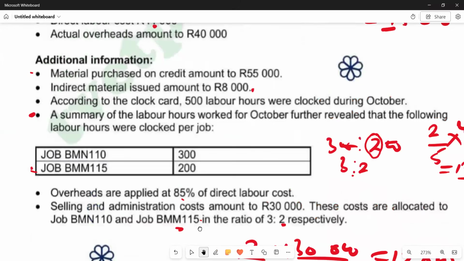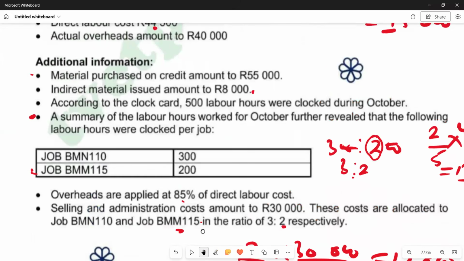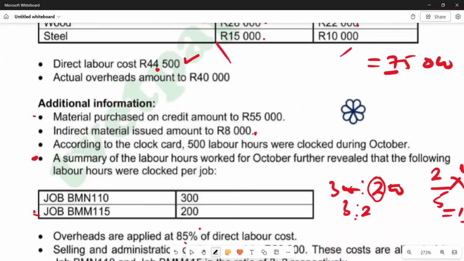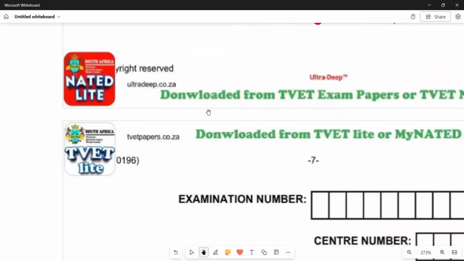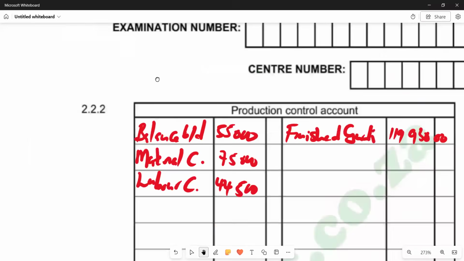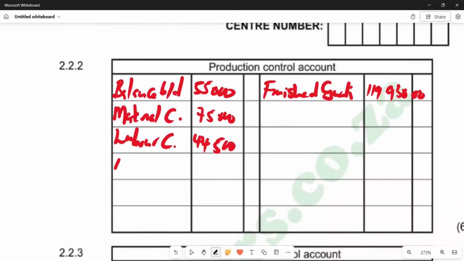So our direct labor cost is 44,500, and we are saying 85%. So we are going to say 0.85 as a decimal, then multiply by 44,500. And we are going to arrive at 37,825. So this is the figure that we have. So we can go down there and put that one as our applied overheads. So this one is going to come on the debit side. And the figure that we have is 37,825.